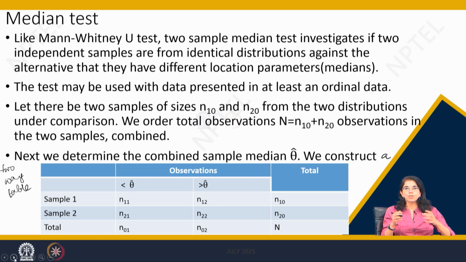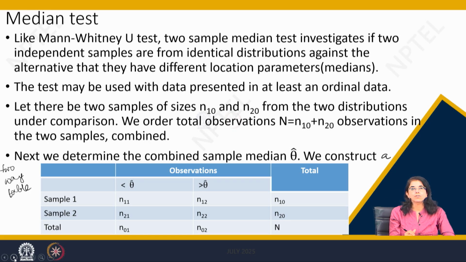Clear? So now we will have a two-way table. A few observations from sample 1 are less than the combined sample median theta hat, and a few might be greater than theta hat. Remember, here we are not taking care of the case where an observation exactly matches the combined sample median. So the equality case is omitted. In case of equality, generally in the median test we drop that observation.